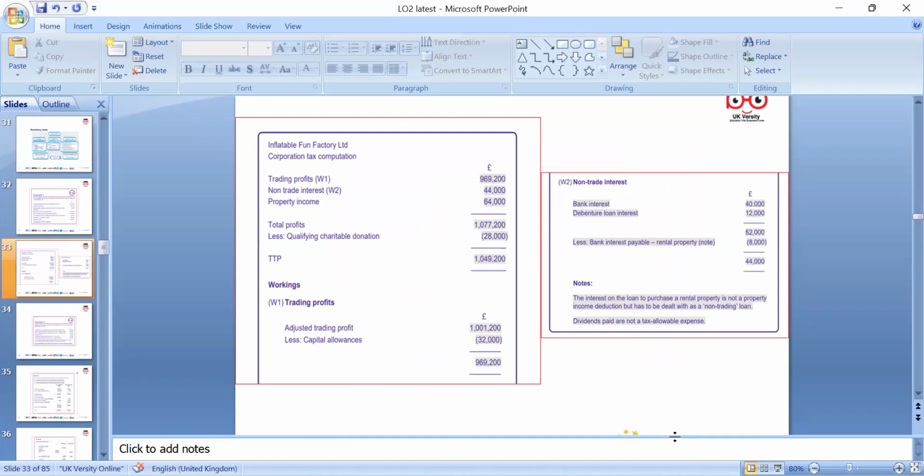So adjusted trading profit: depreciation is a non-cash expense. Depreciation is not allowed for tax purposes. We have to add it back. So we have adjusted trading profit. If we have the capital allowance, we can deduct that, but not depreciation. So that's what we've been given here.